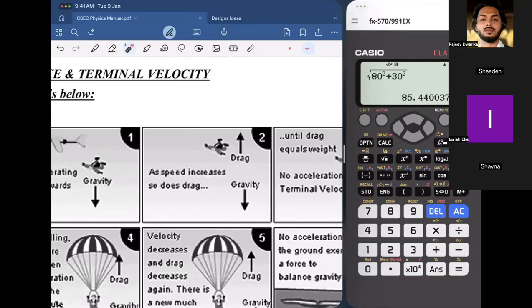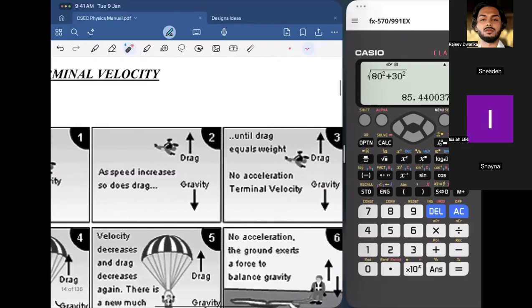If you try to move very fast in water, the water will resist it. But if you're moving slow, you could cross your hands through the water relatively fine. So that's what they're saying over here: as speed increases, so does drag. Drag pulls it back, and that's a property of any fluid.